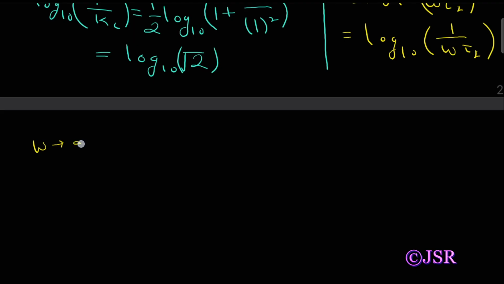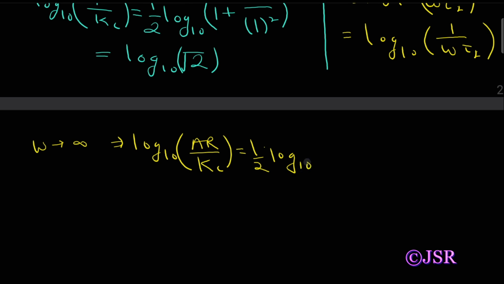So also when omega tends to infinity, this log 10 AR by Kc will be equal to half log 10 of 1 plus 1 upon omega tau I whole square.